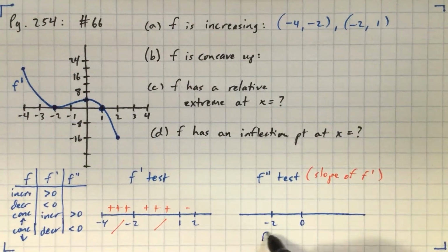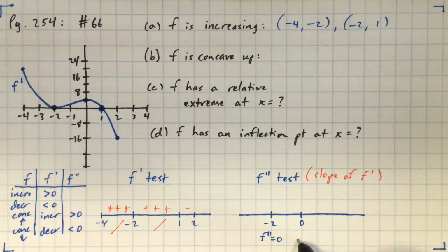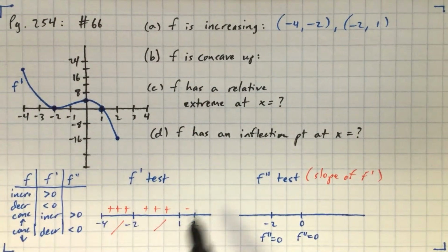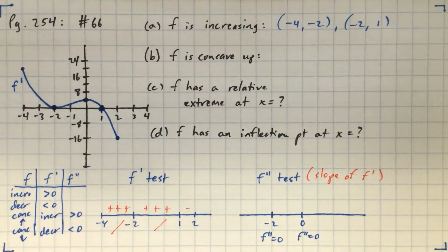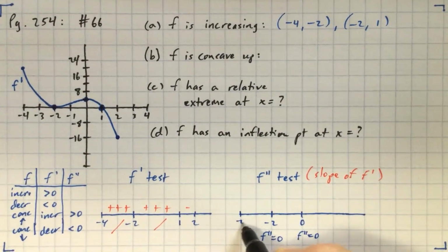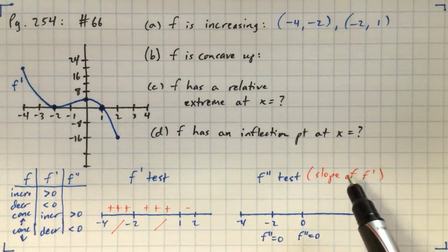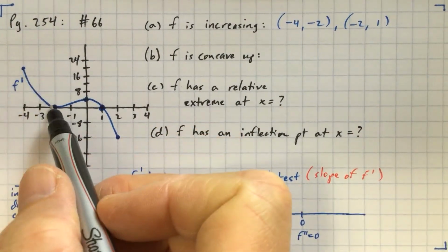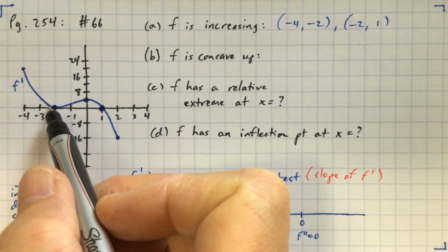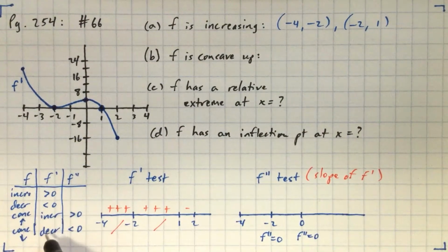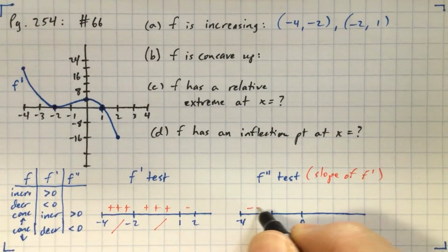So f double prime, the slope of f prime, equals 0 at both of those values, nowhere else. On the interval from -4 to -2, the slope of f prime is negative. In other words, f prime is decreasing, which means f double prime is negative.